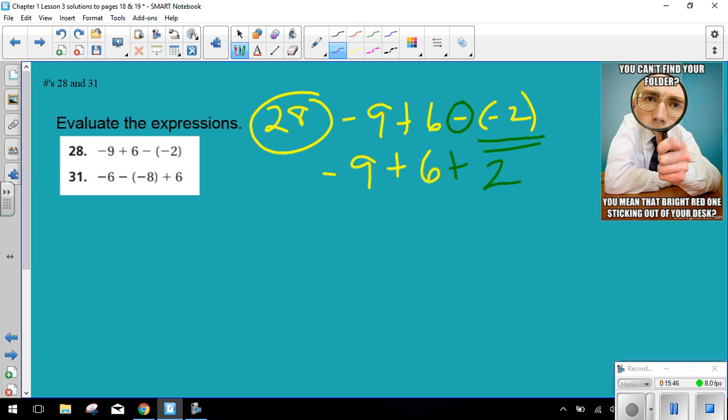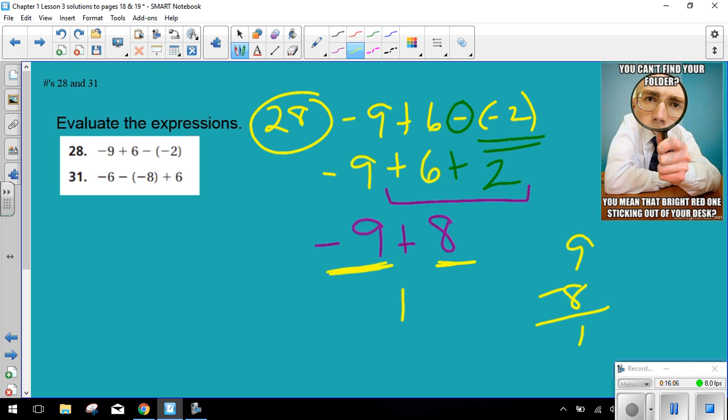Okay, what I'm going to do now is take these two and add them because they're both positives. So 6 plus 2 is 8. Now, these two are different signs, so I'm going to simply subtract 9 and 8 to get 1. And now I need to decide, is my answer going to be negative or positive? Who gives me the bigger absolute value? 9 does, so I keep its sign. So final solution is -1.